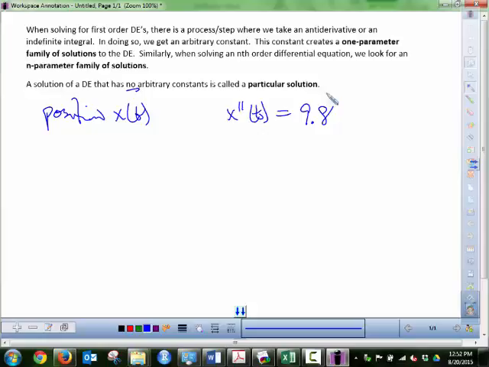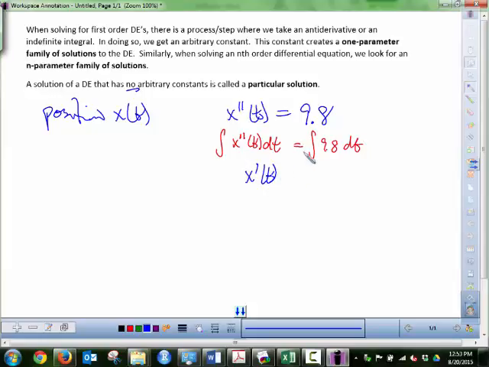So if we integrate both sides with respect to t, on the left-hand side, the antiderivative of the second derivative is just going to become the first derivative, so I'll write the first derivative there, x prime of t.